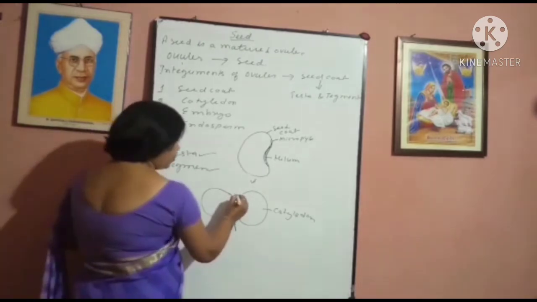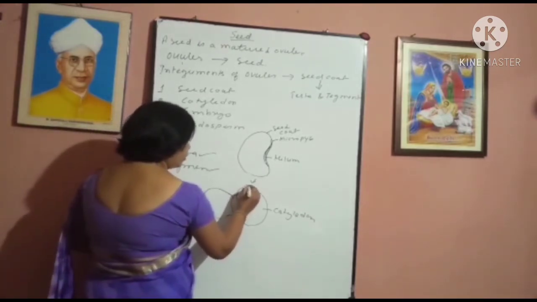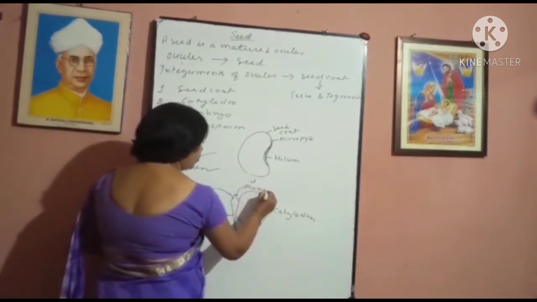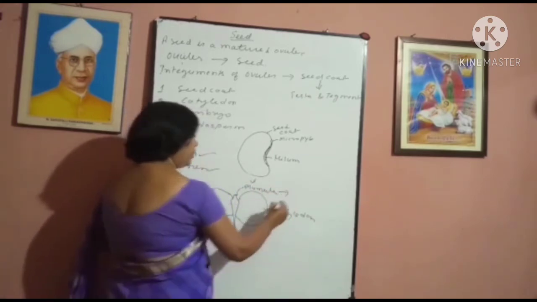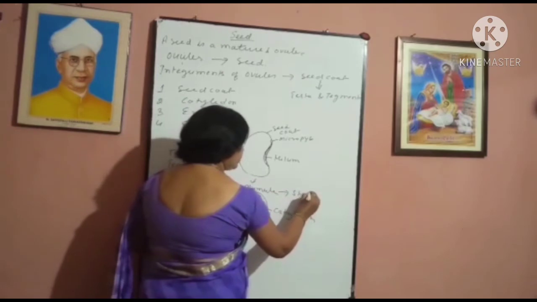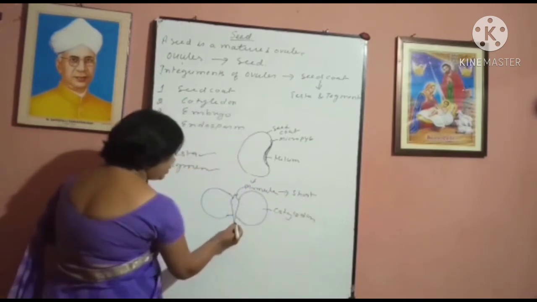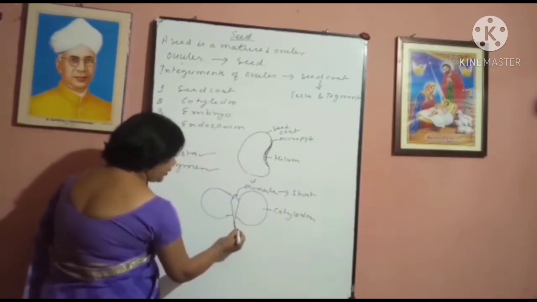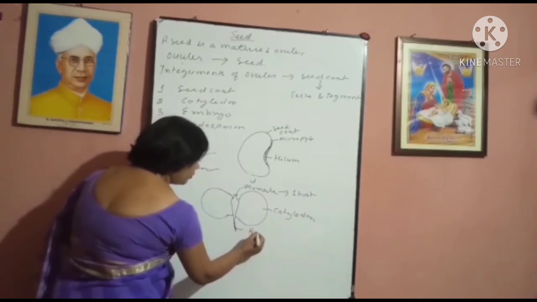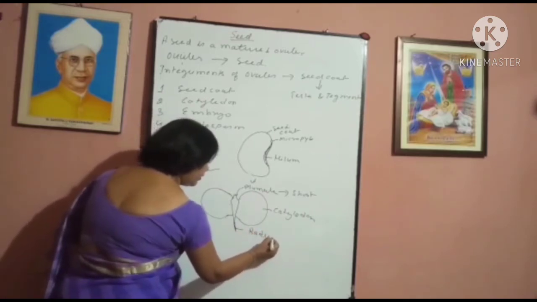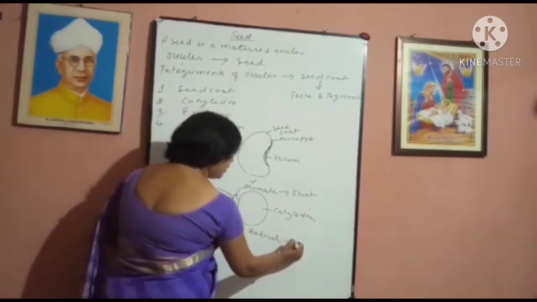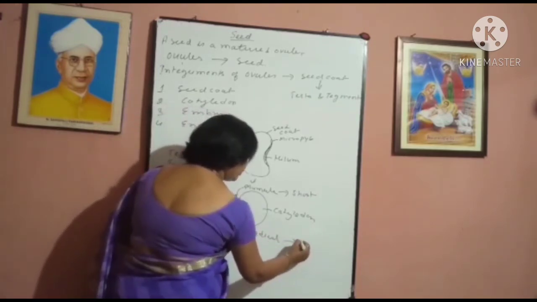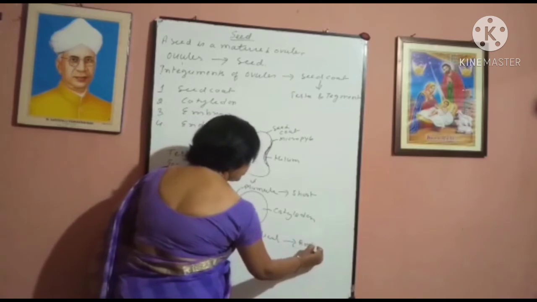The uppermost part is called plumule, which develops into shoot. This elongated and pointed part is called radicle, and this develops into root.